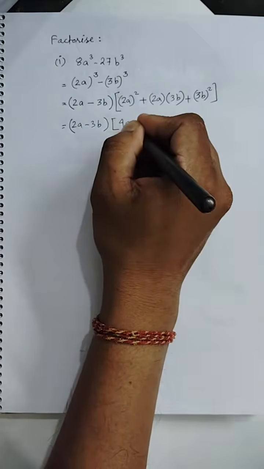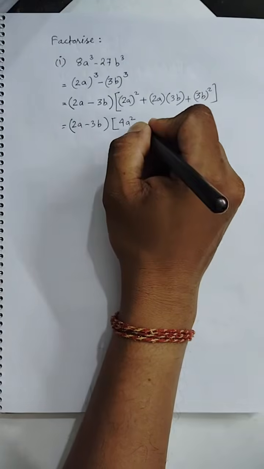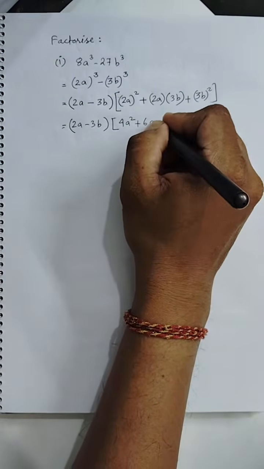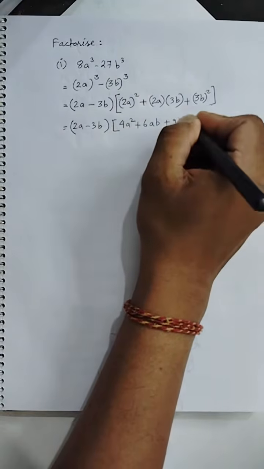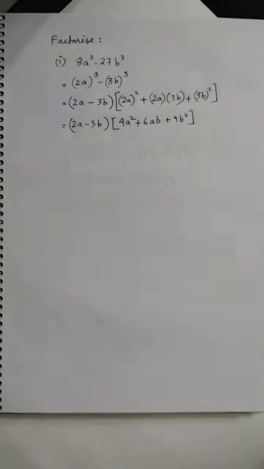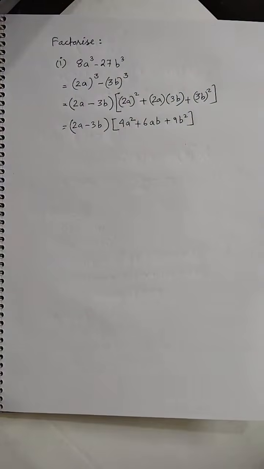This is 4a square. 2a into 3b, so 2 into 3 is 6, a into b is ab. And 3b whole square is 9b square.